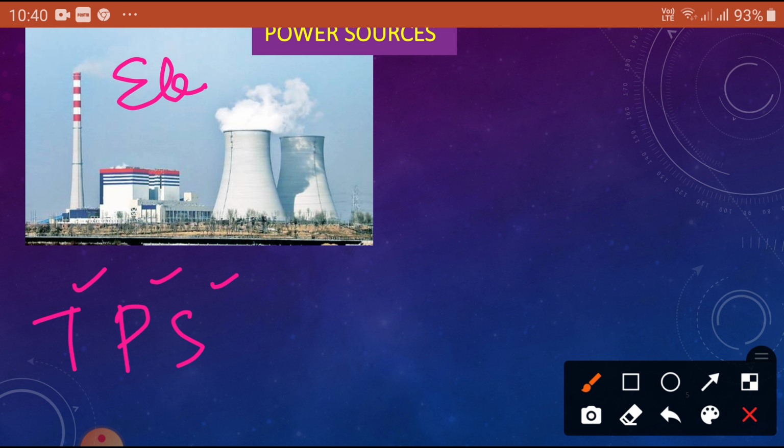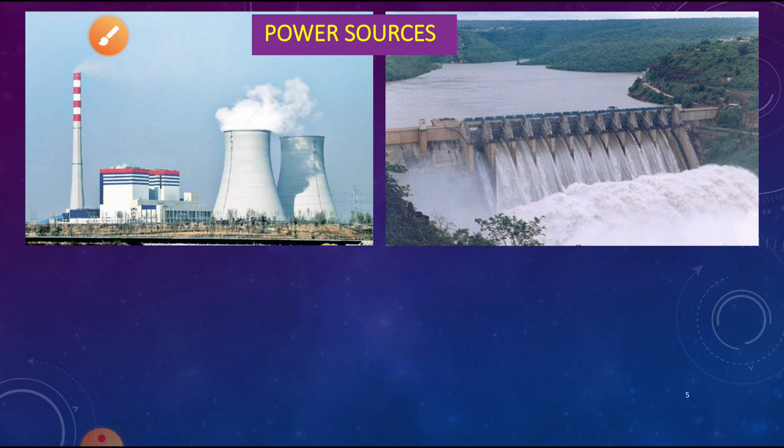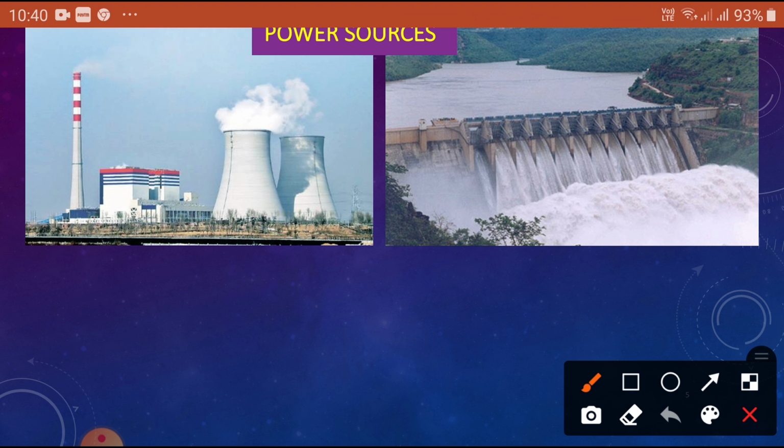And sometimes we use another station, that is HPS, hydro power station. In the rainy season, water stored in a dam is used for generating electricity by hydropower plants nearby.